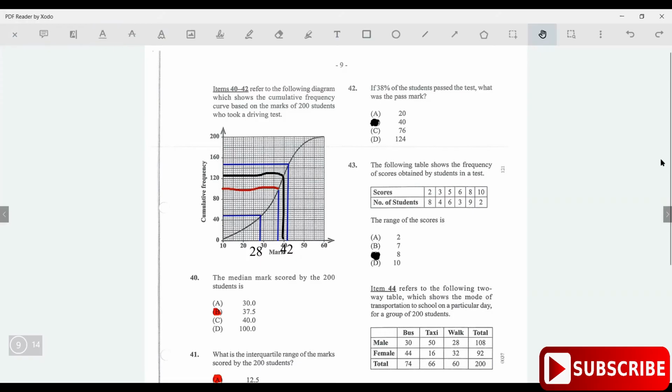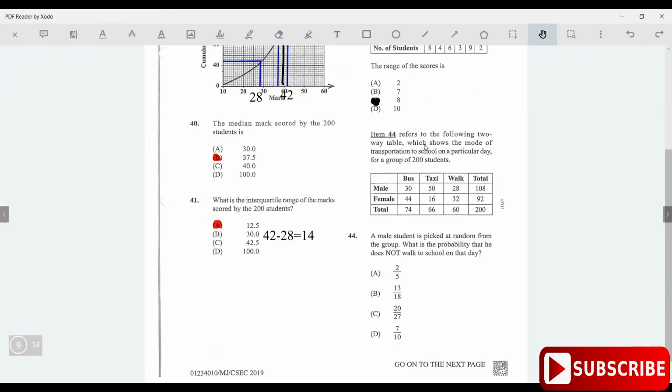Question 44. Item 44 refers to a two-way table which shows the mode of transportation for a group of students on a particular day. It says a male student is picked at random from the group. What is the probability he does not walk to school on that day? Look at male: 30, 50, 28, 108.